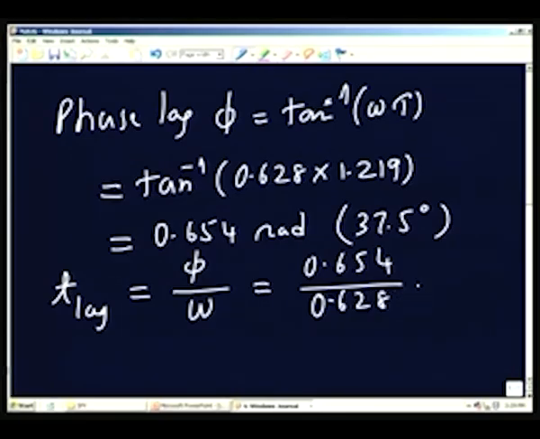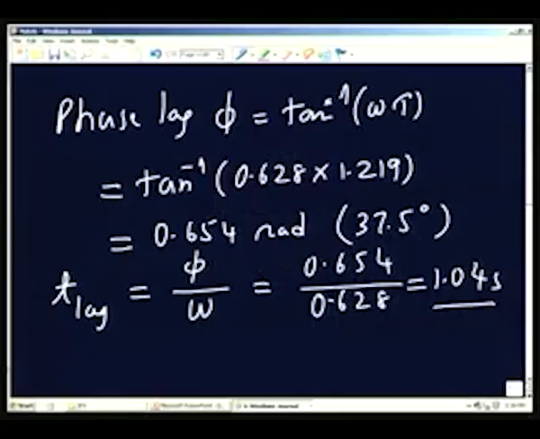This will give you about 1.04 second. That means that the maximum indicated by the sensor will be almost 1 second, a little more than 1 second after the maximum actually occurs in the temperature which is varying. There is a 1 second lag between the two.